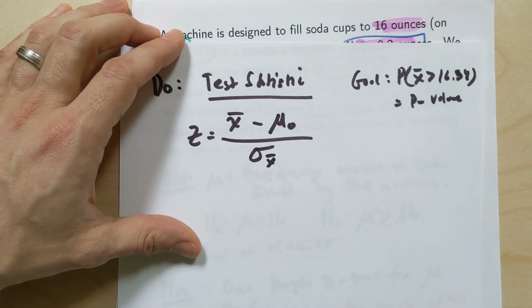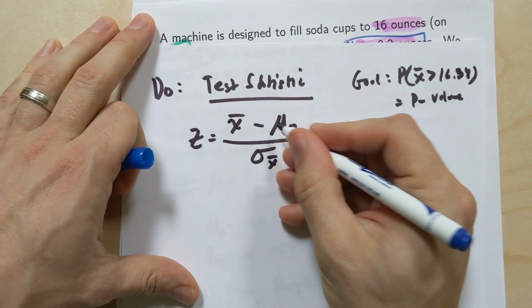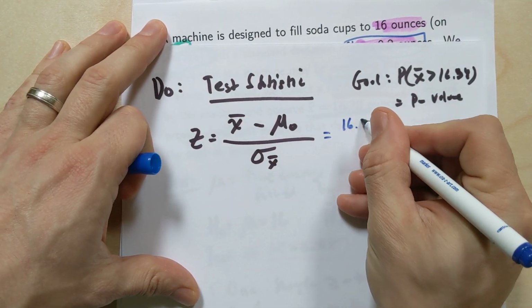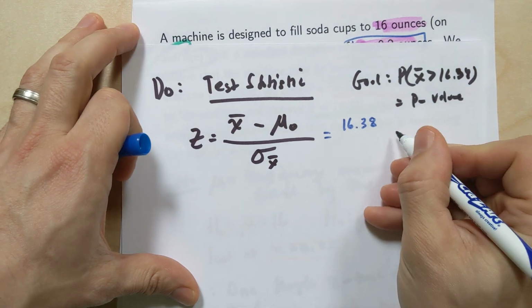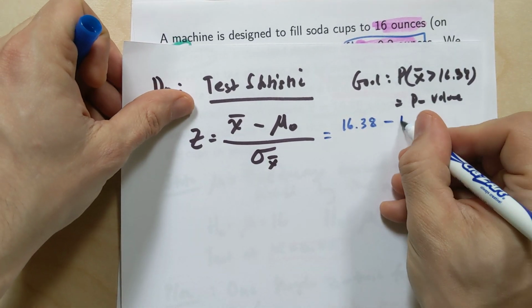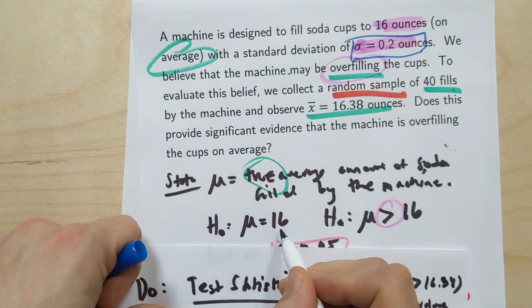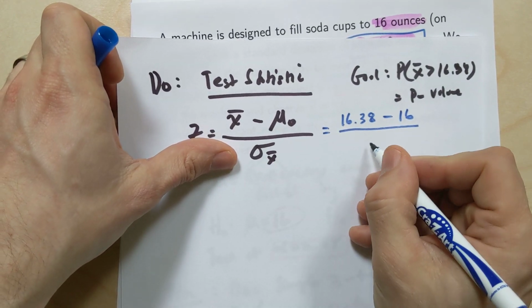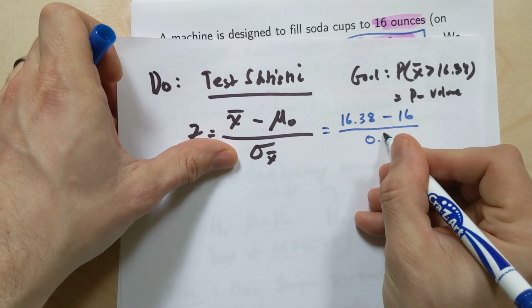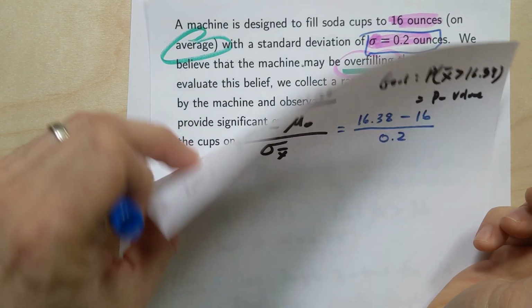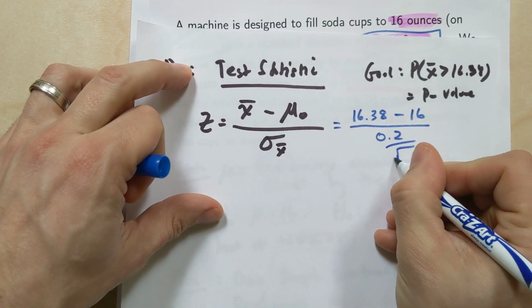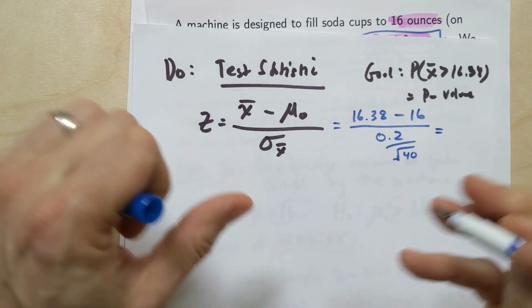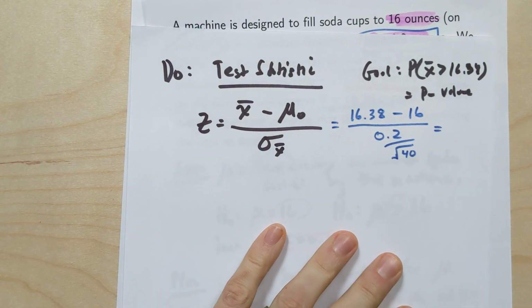In this particular instance, my sample mean was 16.38. Remember that the hypothesized mean we were dealing with here was 16, so I'll do minus 16. And then the appropriate standard deviation would be the standard deviation of the population, which is 0.2, divided by the square root of our sample size, which was 40. So let's see what that comes out to be.